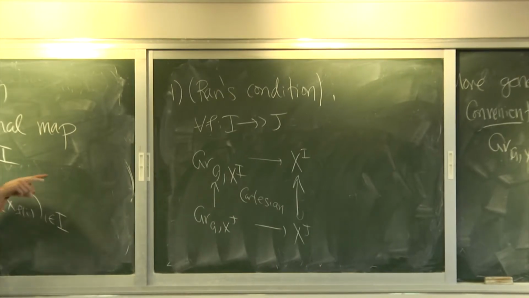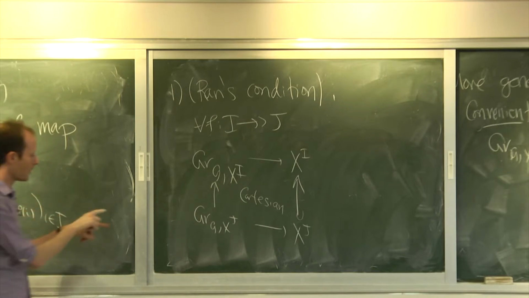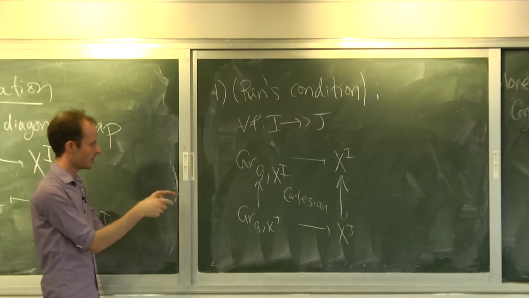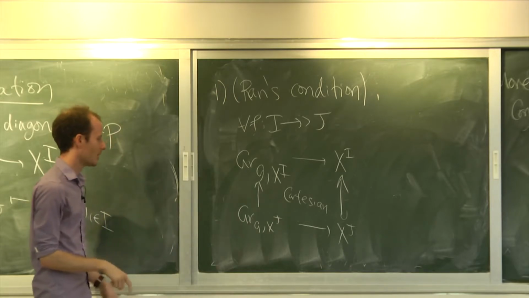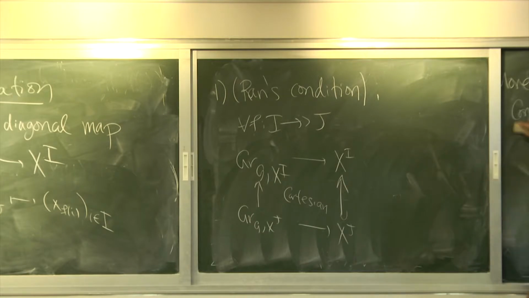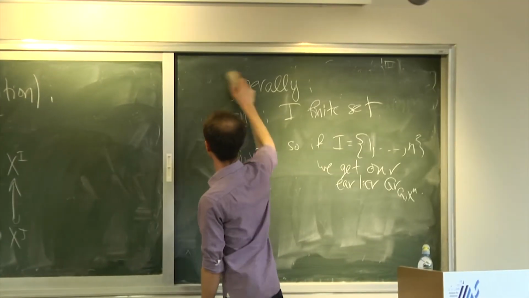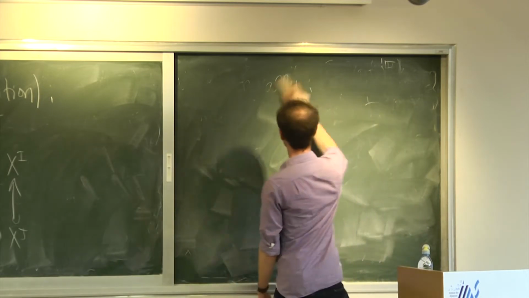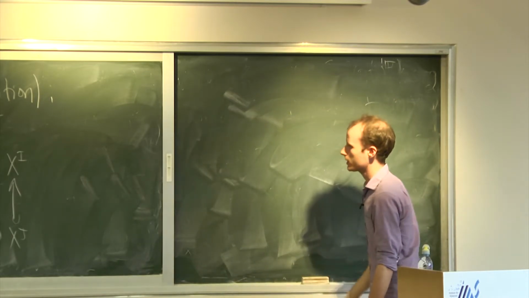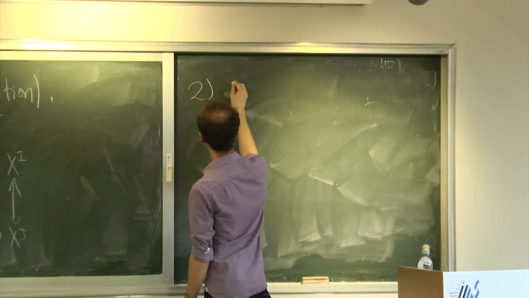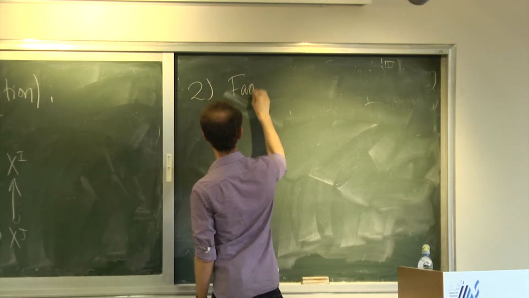What we're saying is that if you have two points on the diagonal, then the fiber of the affine Grassmannian at that point in the diagonal just looks like the corresponding affine Grassmannian at that single thing.